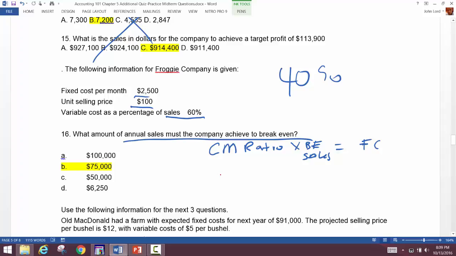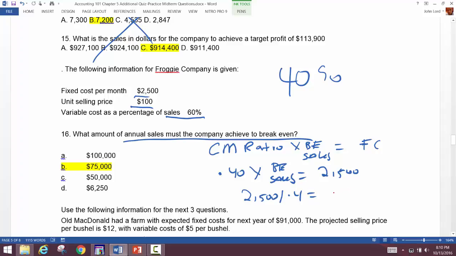My contribution margin ratio here is how much? 0.40. I don't know what my break-even sales is. That's what I'm solving for. And I just grabbed the fixed cost here, 2,500, don't I? Okay. I take that 2,500. I divide that by 0.4. That gives me, somebody got a number for me here?